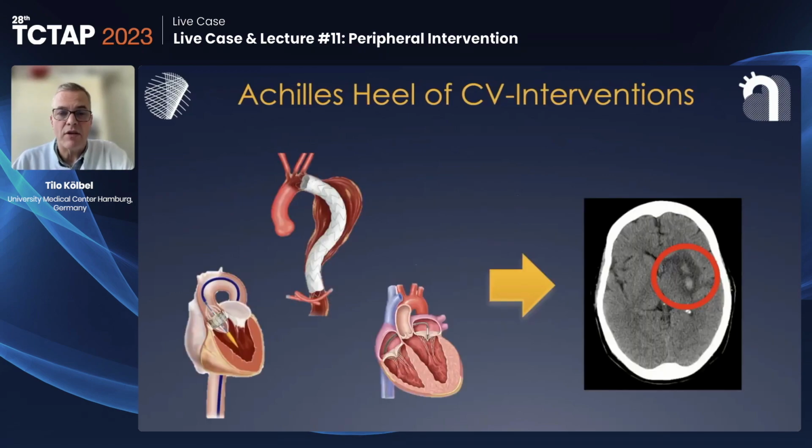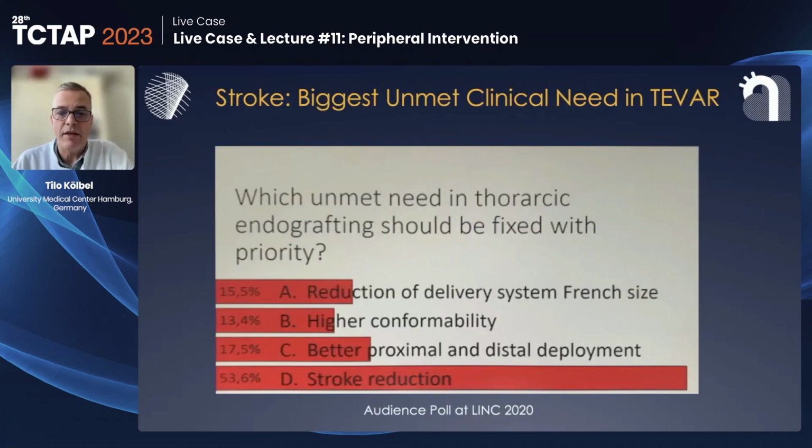So if we take a look at these major cardiovascular interventions, they are all plagued by one complication, which is stroke. And here, physicians and patients are of the same opinion, as you see here at an audience poll at LINC 2020. What is the biggest unmet need in thoracic endografting?